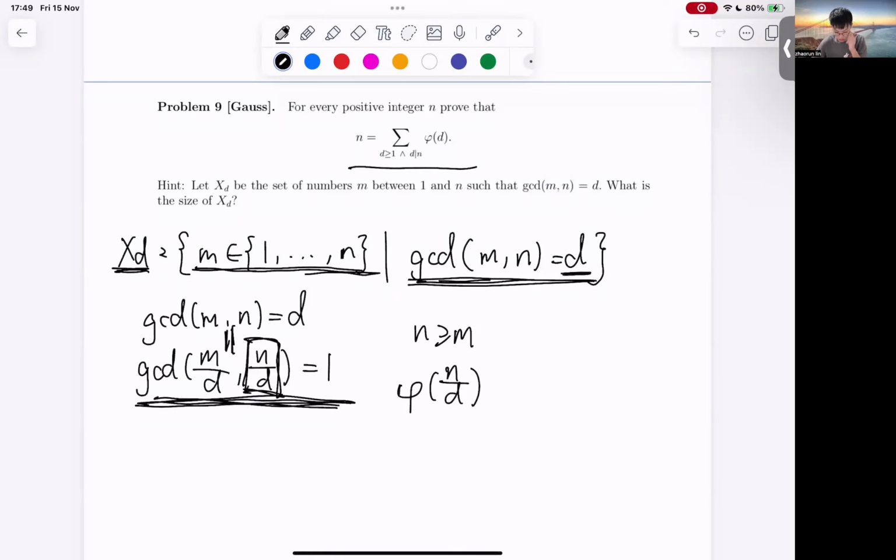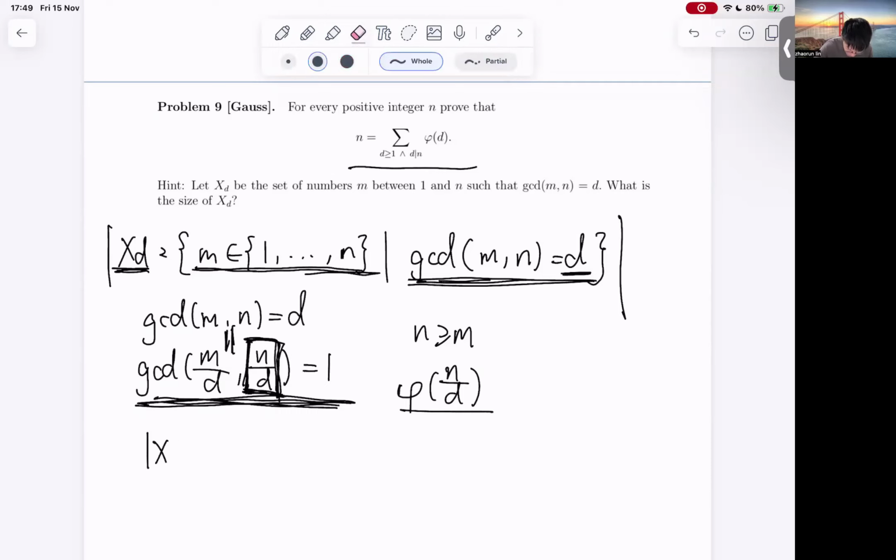It is equivalent to all of the numbers between 1 and n over d, such that this element is coprime to n over d. So it's given by this value. So we have this set. So from now on, let me use k. We have this set equal to just this number.